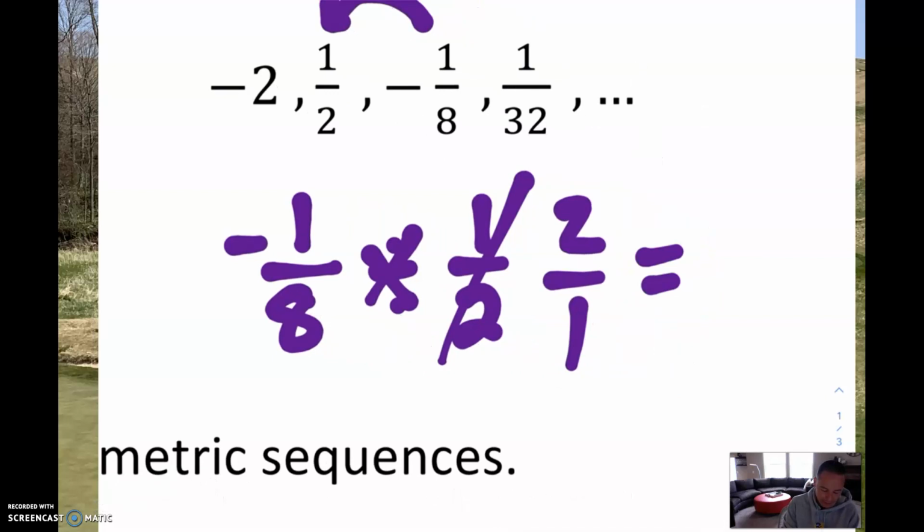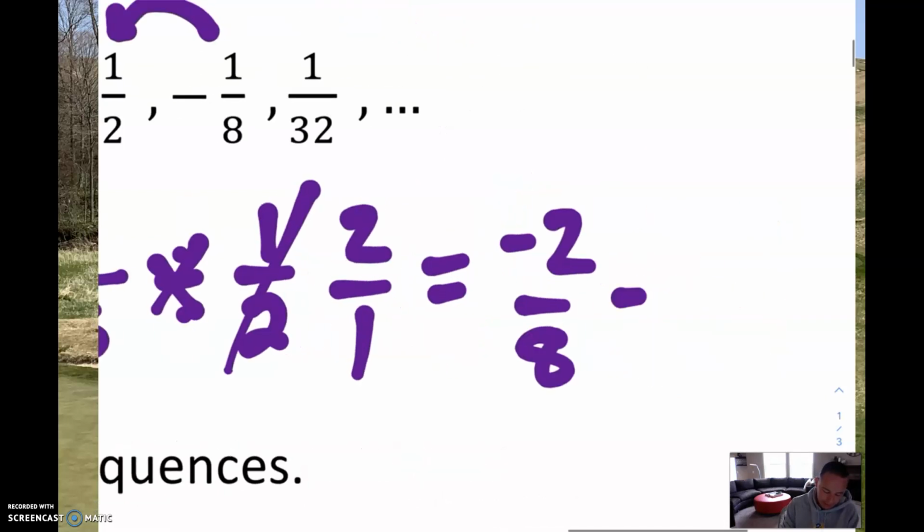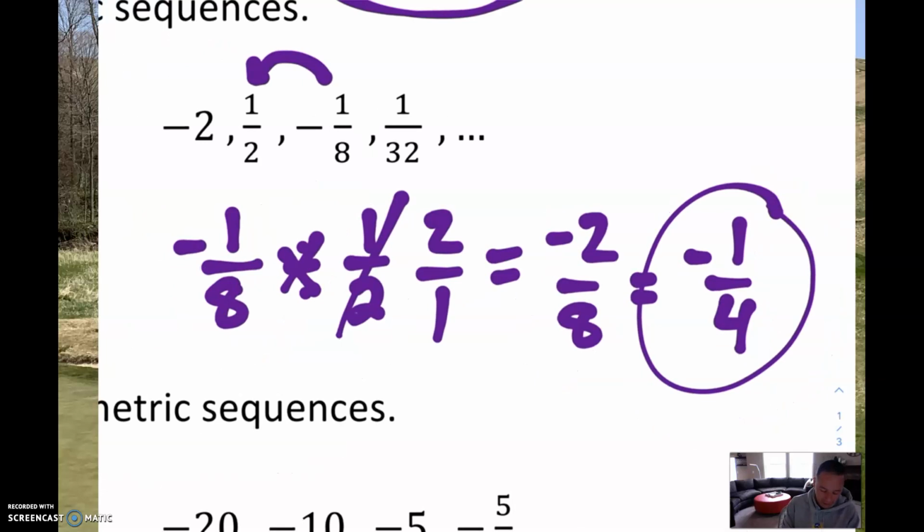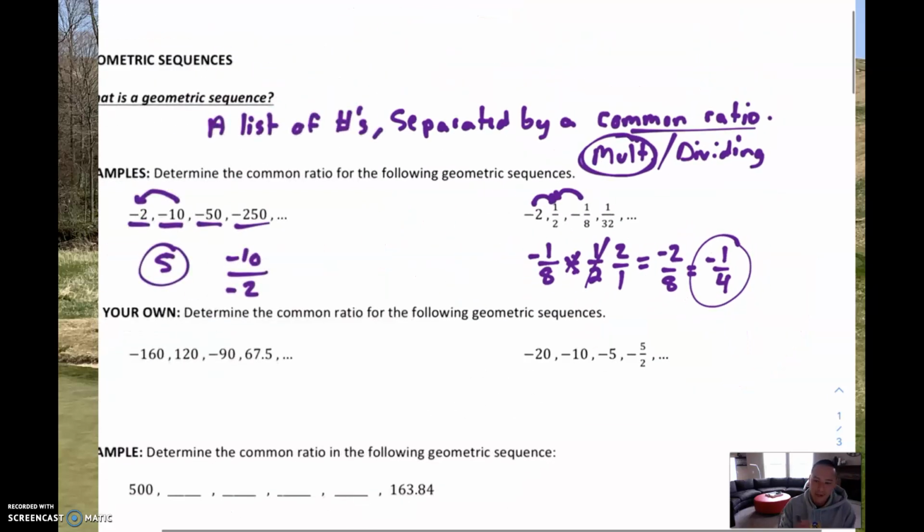So if you multiply, it becomes -2/8, which simplifies to become -1/4. And there is your common ratio, -1/4. You'll notice to get from one to the next, you multiply by -1/4. -2 times -1/4 is 1/2, and so on. So if you're unsure of how to get that common ratio, just divide them and then simplify.